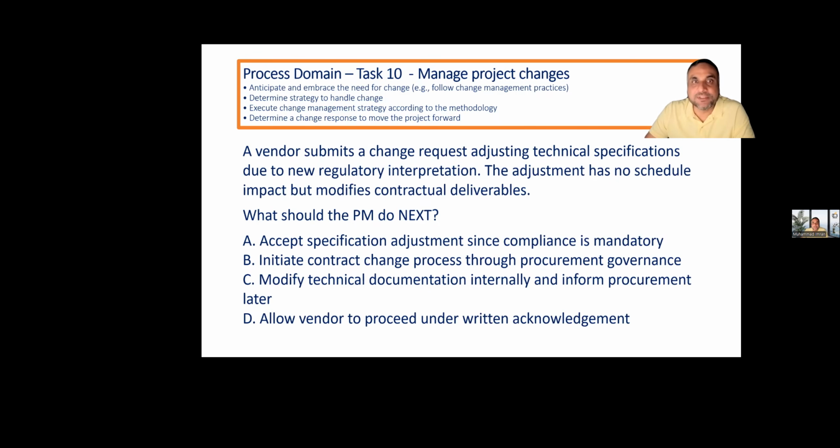A vendor submits a change request adjusting technical specifications due to new regulatory interpretations. The adjustment has no schedule impact but modifies contractual deliverables. If you do not follow the contract, what happens? What is the terminology for that?